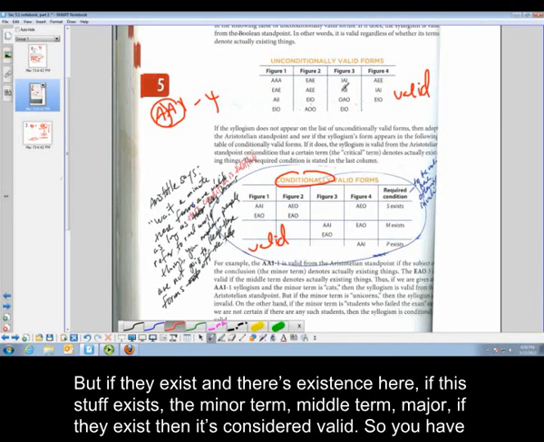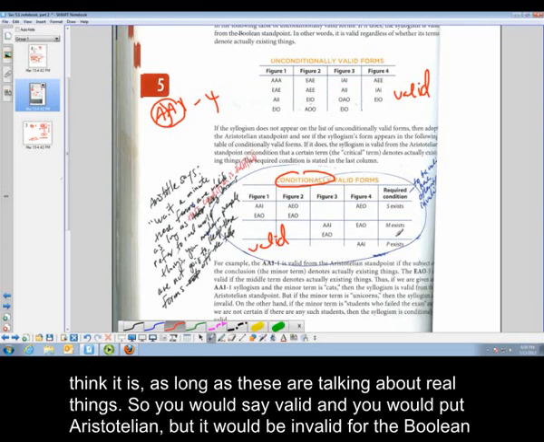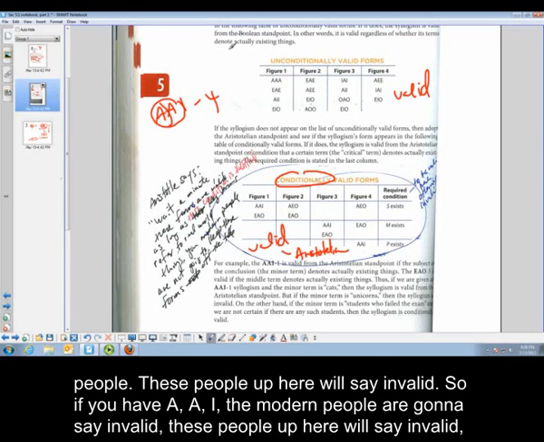Okay? So you have two lists. If you find the mood and figure on this list, just say valid. If you find it on this, Aristotle says it is valid, even though these people don't think it is, as long as these are talking about real things. So you would say valid, and you would put Aristotelian, but it would be invalid for the Boolean people.